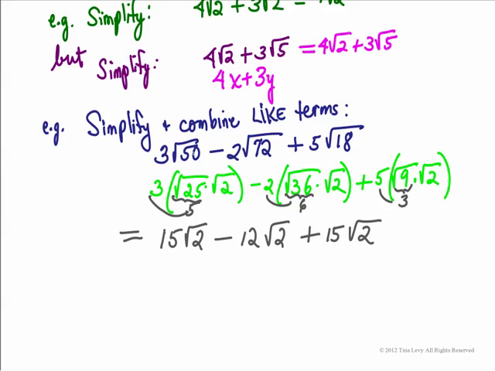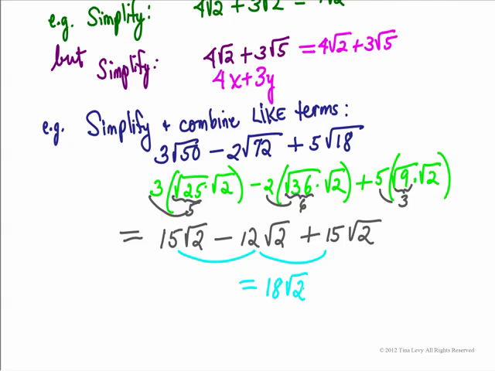A problem that started with different radicals, when simplified, all became radical 2. So we have 15 minus 12 is 3 radical 2, plus 15 radical 2, the answer is 18 radical 2.